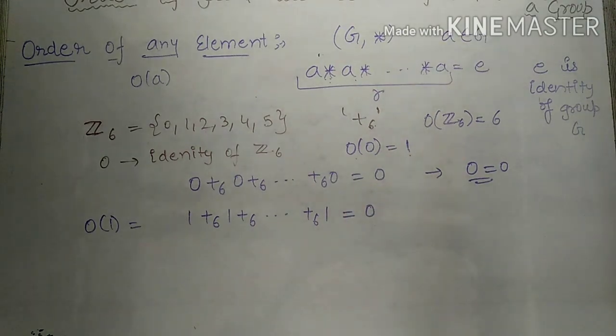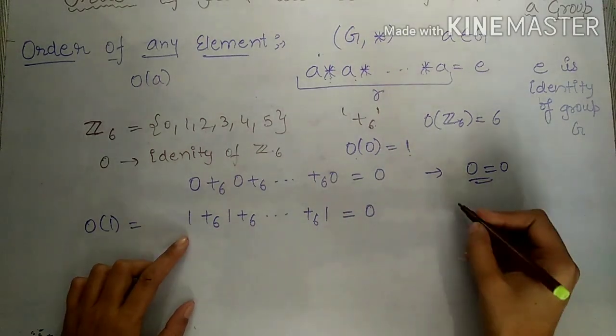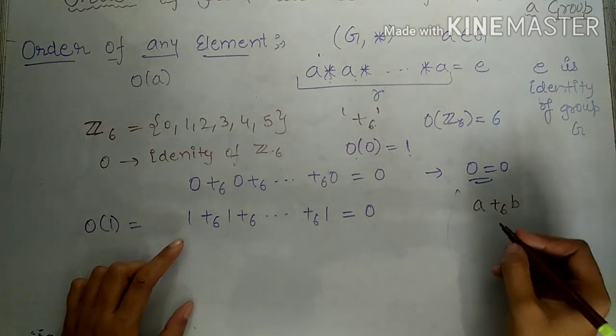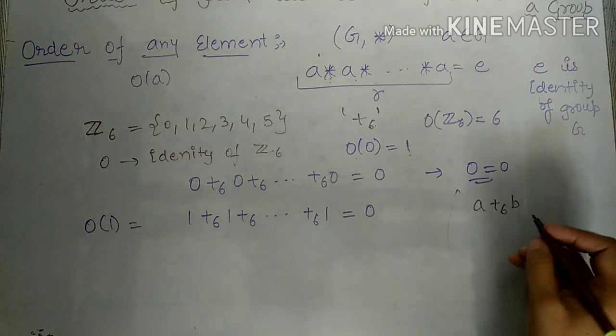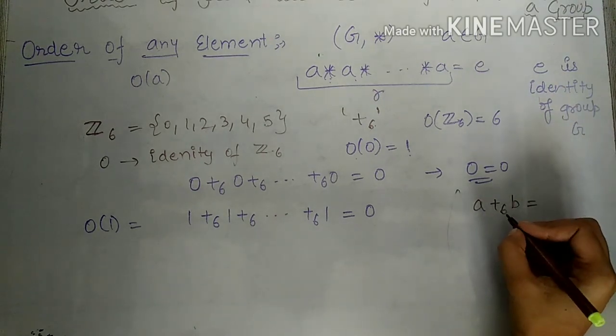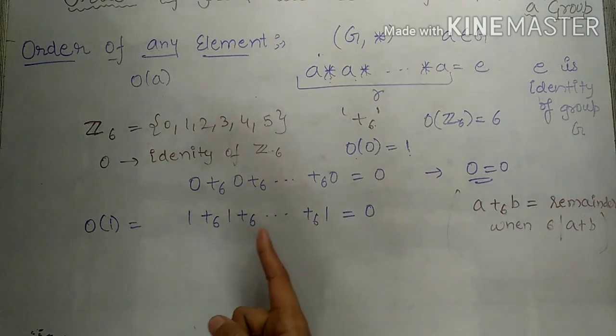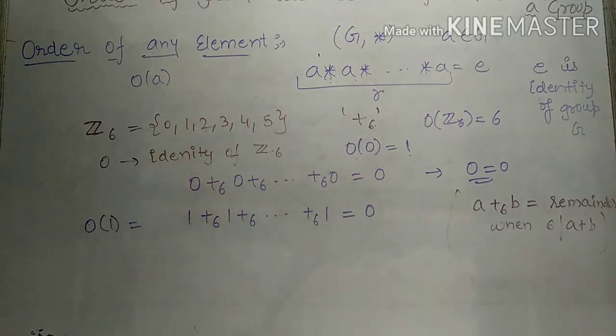Friends, you know how we operate this addition modulo 6: A plus modulo 6 B is the remainder when 6 divides A plus B. So here it implies the least number of times 1 is to be added with itself so that it is divisible by 6.